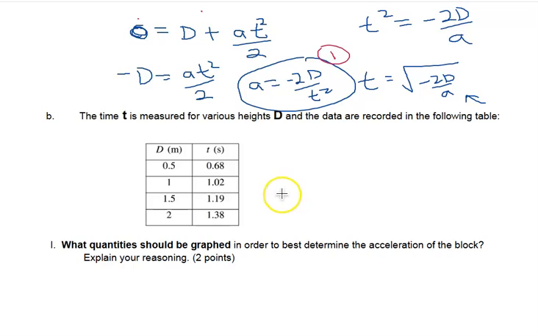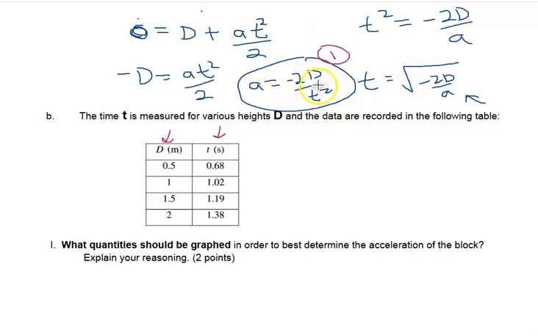But I'm going to show you the way we used to do it. So we know that acceleration is minus 2D over T squared. And then you want to look at, okay, I know D and I know T, right? The bigger the distance, the greater the time, but it is not directly proportional because time is squared.